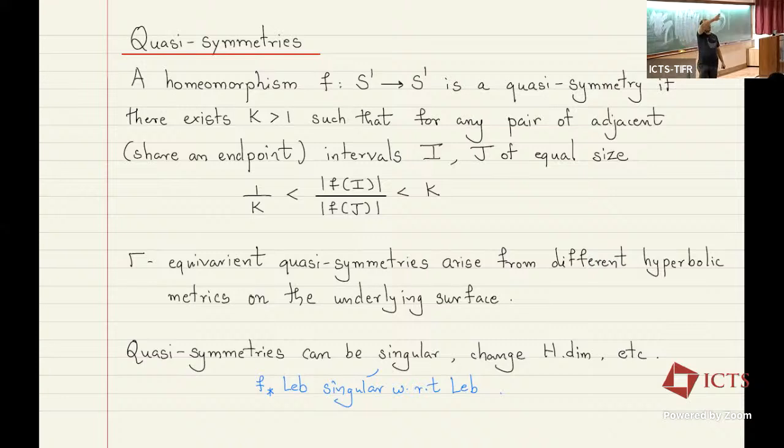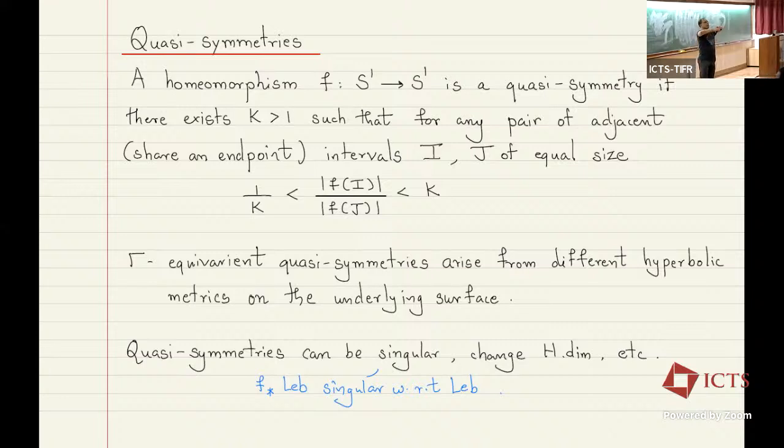So there is a map from hyperbolic plane to the hyperbolic plane, which is pushing this hyperbolic metric to that one. This map is necessarily what is called quasi-conformal. So you are getting a pi1 equivariant quasi-conformal map from the hyperbolic plane to the hyperbolic plane when you want to replace one hyperbolic metric by another. This quasi-conformal map is also a quasi-isometry if you prefer that language.